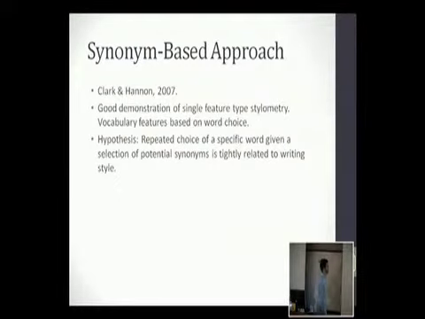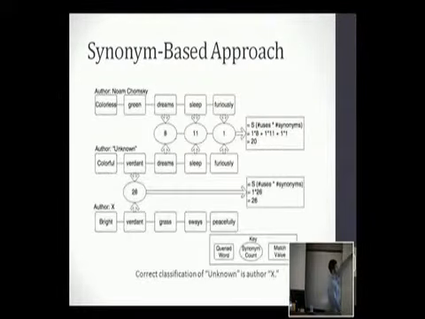So here's an example. We have 2 known authors. We have author Noam Chomsky here and author X here. Noam Chomsky writes, colorless green dreams sleep furiously. Author X writes, bright verdant grass sways peacefully. And then we have this unknown passage that says, colorful verdant dreams sleep furiously.